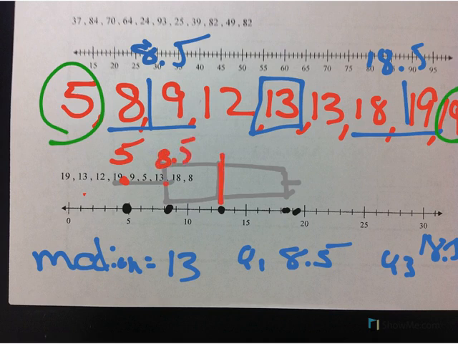I know my median is 13. I know my third quartile is 18.5. And then right next to it is my maximum number, 19. So looking at that, I can see that the data is very clustered together on the top end. So that's how you do the box plots.